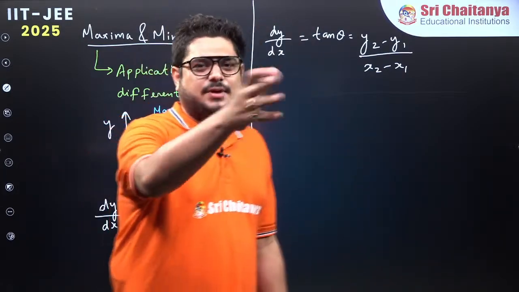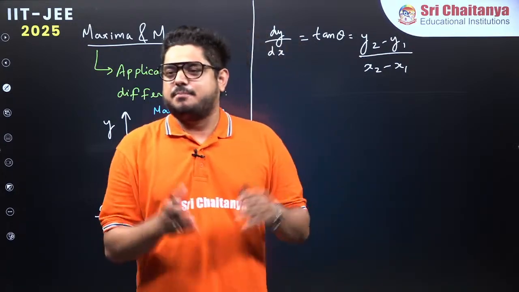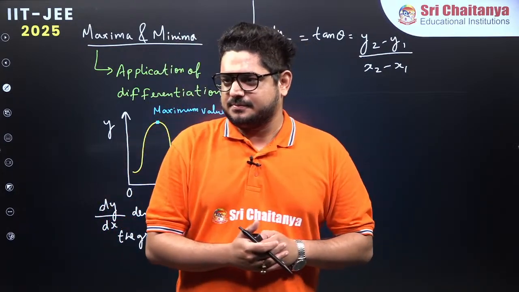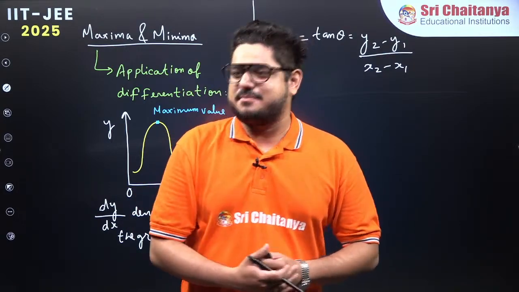So same thing is going to be applicable for all the graphs, whatever we are going to be plotting over here. Definitely, just try to focus here. I am about to start maxima and minima.